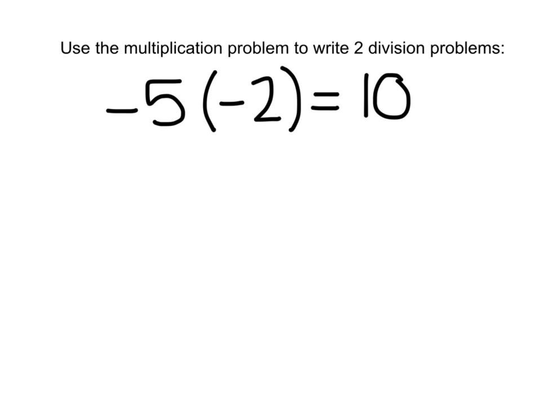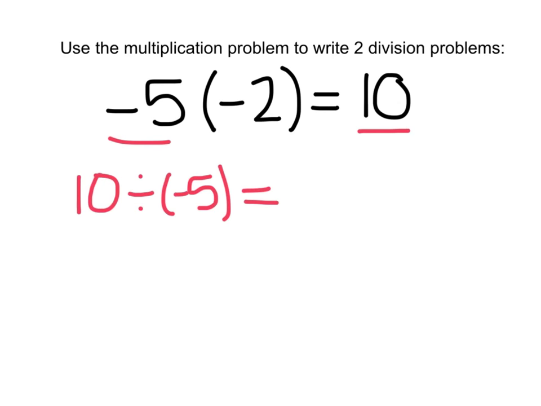Let's try one more. Now we're multiplying two negatives. Negative 5 times negative 2, and that equals positive 10. Okay, so let's rewrite this as a division problem, starting with 10 divided by, I'll do negative 5 first, equals, well, it's got to equal what's left here, negative 2.